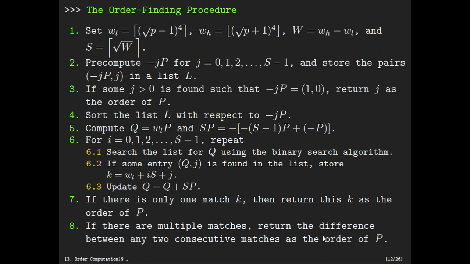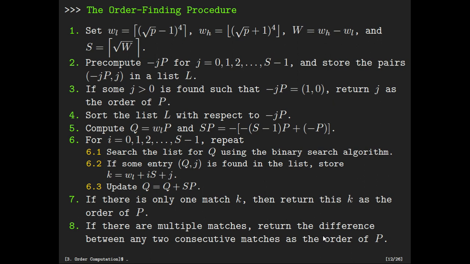If some entry Q comma j is found in the list, then store k equal to WL plus i times s plus j, where i is the number of iterations and j is from the entry Q comma j. Now update Q. Now if there is only one match k, then return this k as the order of P. If there are multiple matches, return the difference between two consecutive matches as the order of P.